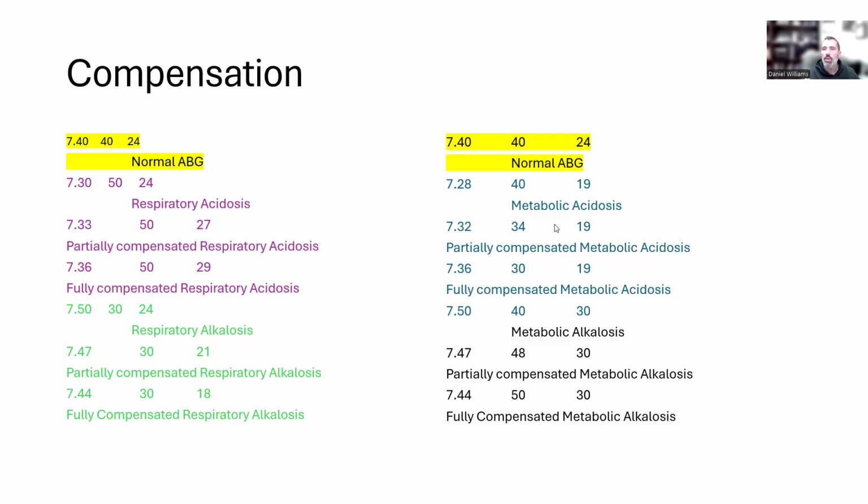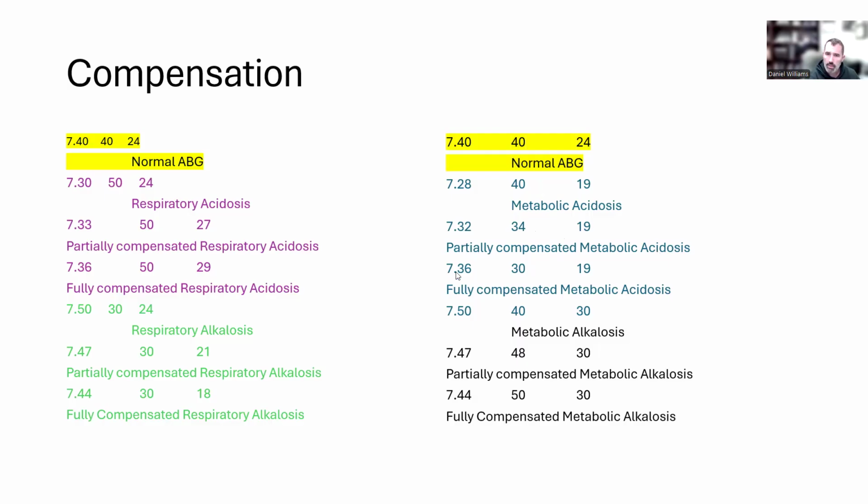What does the respiratory system have to do to fix that? Well, the respiratory system now has to remove more CO2 because of the inverse relationship: if the body can get the CO2 down, it should bring the pH back up. And that's what we're seeing here. But because that pH isn't between 7.35 and 7.45, this is a partially compensated metabolic acidosis.